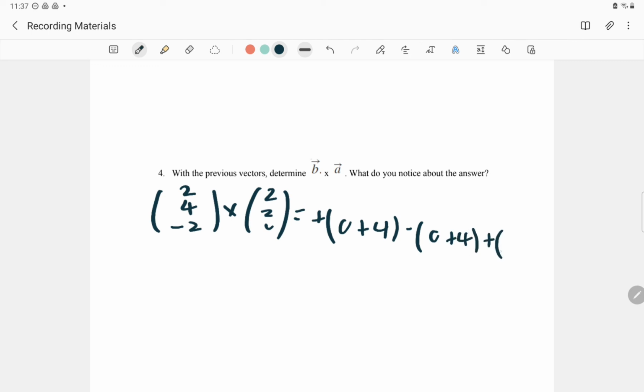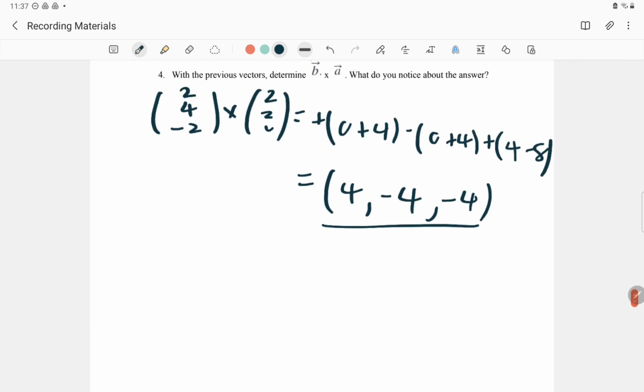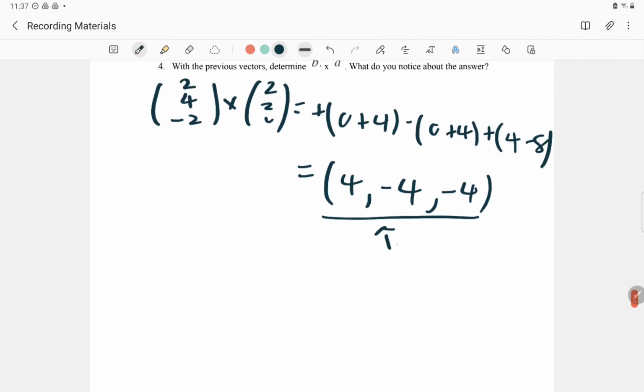And last but not least, you overlook the third row, and 2 times 2 equals 4, and 2 times 4 equals 8, so negative 8. And the answer you'll be getting is 4, negative 4, negative 4. And this is the vector for B times A.